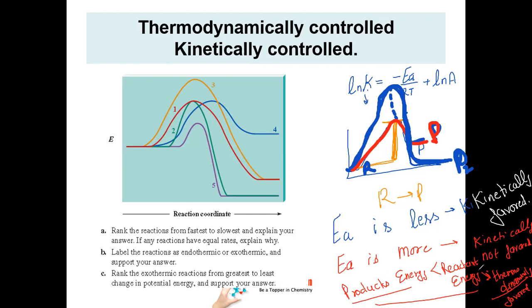So in nature, children, chemicals are lying there for years and years. No reaction. Why? Because either the kinetics is not favoring it or the thermodynamics is not favoring it. If kinetics is favoring but the product is very high in energy, that reaction will not take place. If thermodynamics is favoring but the activation energy is very high, that reaction will also not take place.